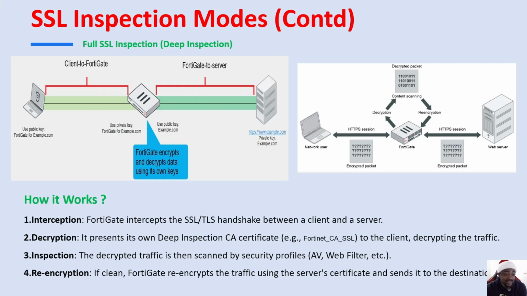In a large environment where multiple users will be accessing multiple websites, if you are doing deep inspection on all those websites, your FortiGate will be overwhelmed with traffic. So you need to take that into consideration when implementing deep inspection on your FortiGate.